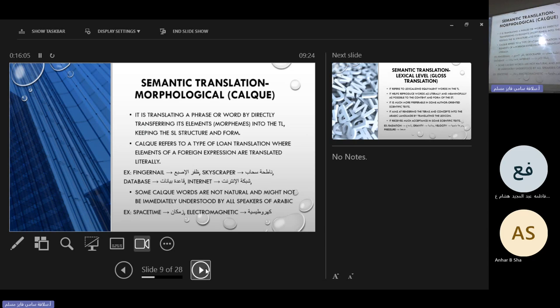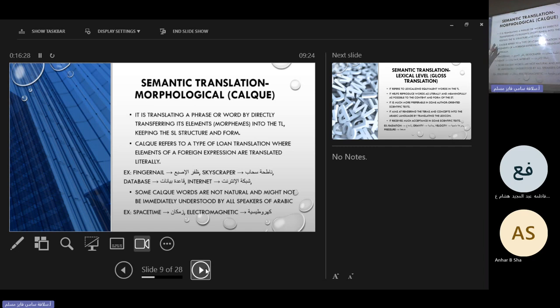We saw the phonetic level of the semantic translation. Now we will talk about the morphological side, which is the science of inflection. We also call this calque, or loan, or borrowing.